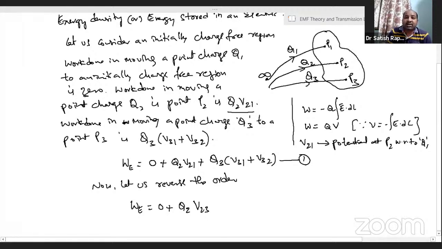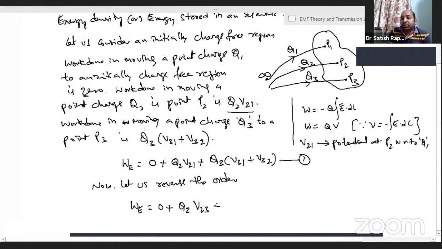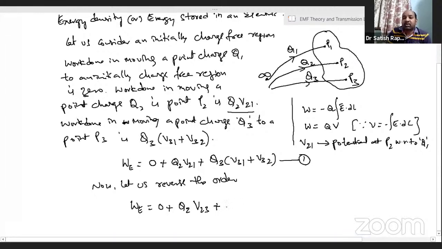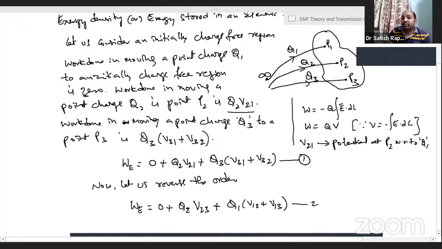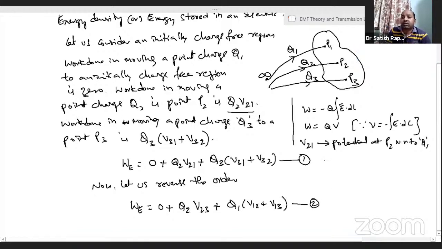In the second case, Q3 is placed first. Similarly, if Q1 is positioned at P1, then the work done is Q1 (V12 plus V13). So this is the total work done, and equation 1 and equation 2 are the same.